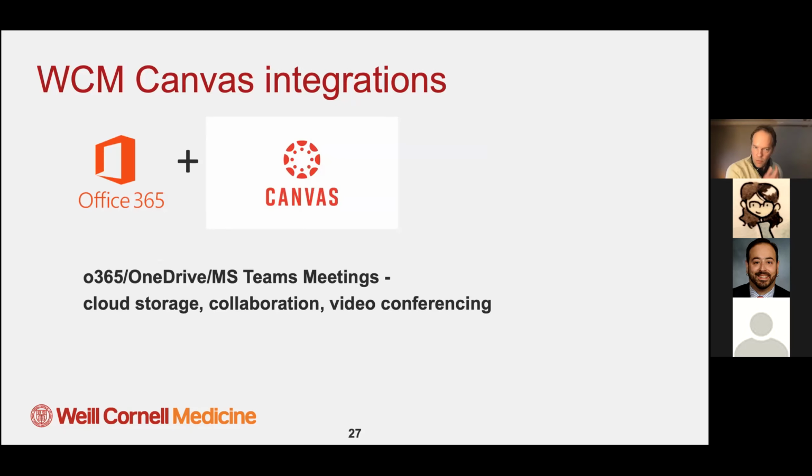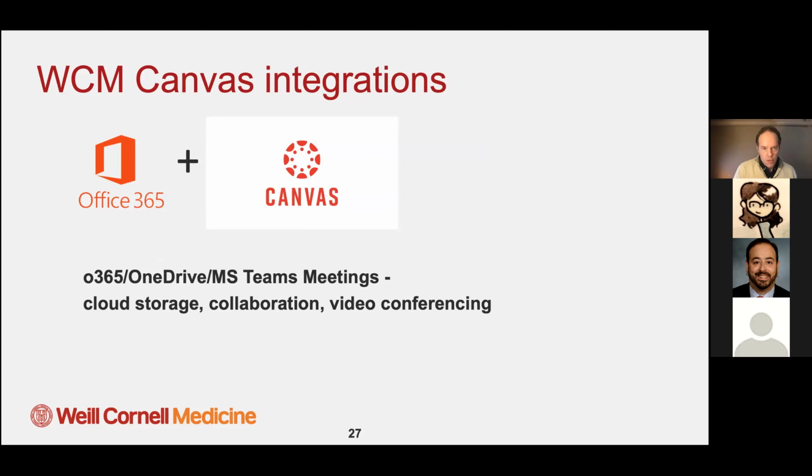The next one is kind of big, kind of complicated, but has a lot of promise for us. O365, which also includes OneDrive and Microsoft Teams. That integration does many things. You can use OneDrive for cloud storage, similar to Box, where you can bring in files and share files within a course.